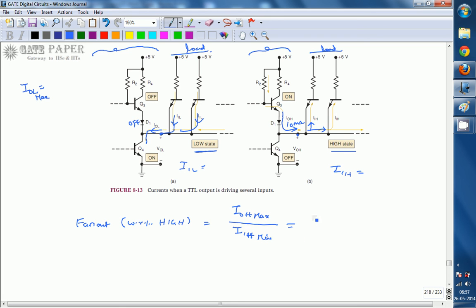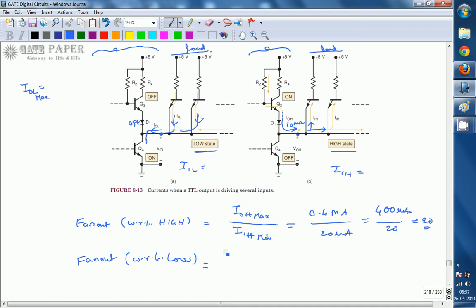So this is 0.4 milliamperes divided by 20 microamperes, where IIH is 20 microamperes. So 0.4 milliamperes is nothing but 400 microamperes. 400 microamperes divided by 20 is 20. So the fan out with respect to high level is 20.